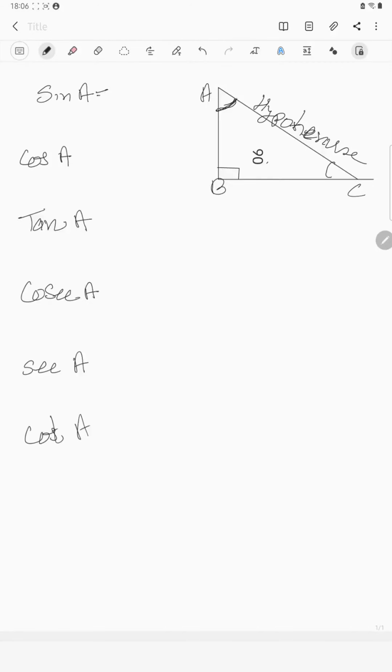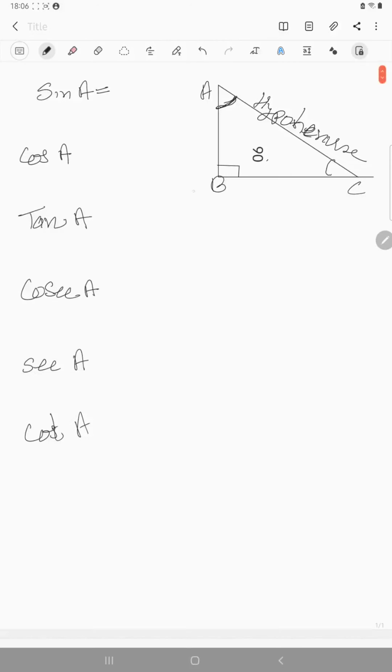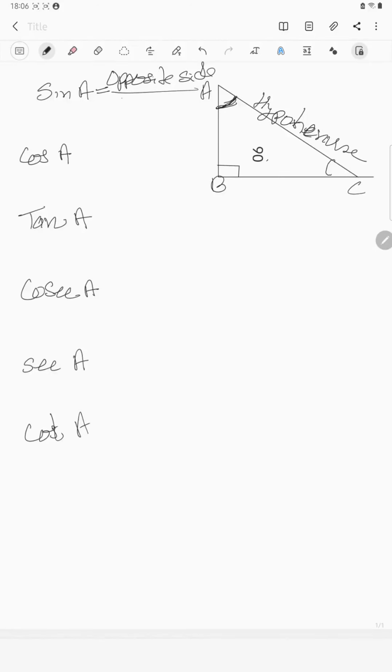So when we have to find the trigonometrical ratio sine A, it is always opposite upon the hypotenuse. Now which side is opposite to the angle A? BC is opposite. So we write here opposite side upon hypotenuse.